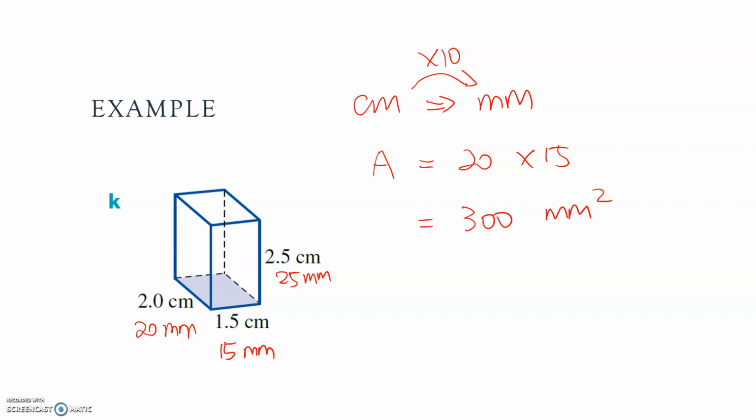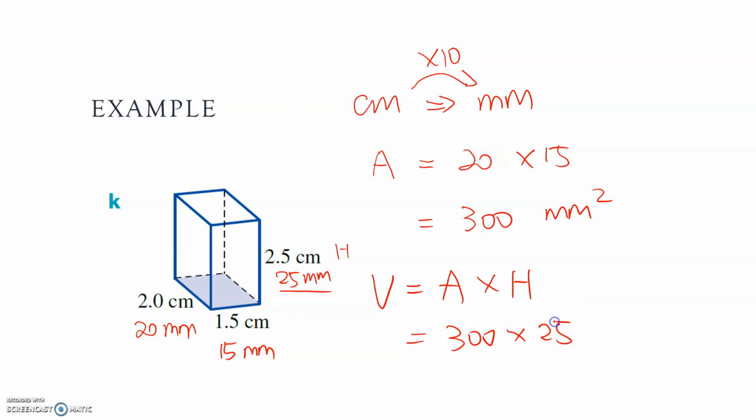Okay, and then remember our formula again. The volume is equal to area times height. And the height here is 25 millimeters. So we just need to have 300 times 25.